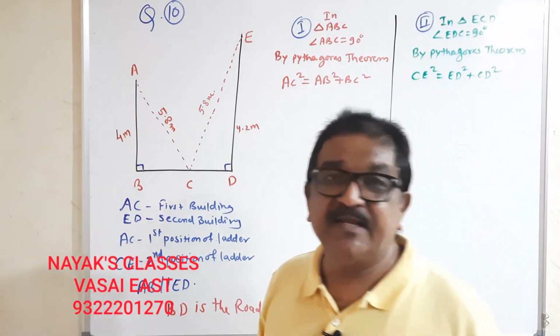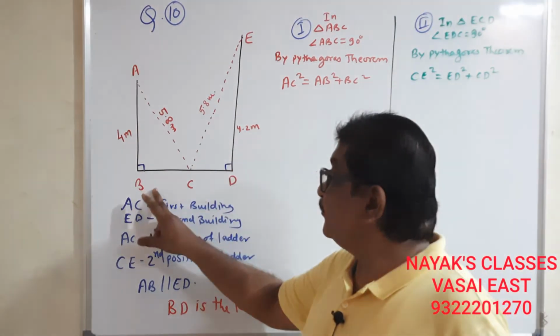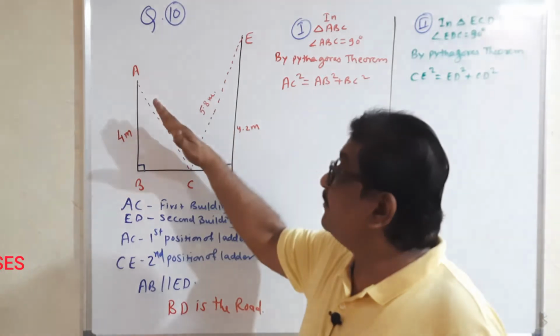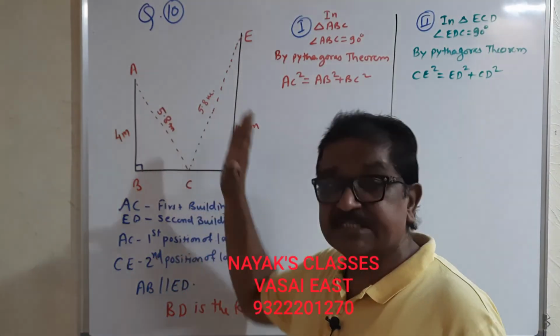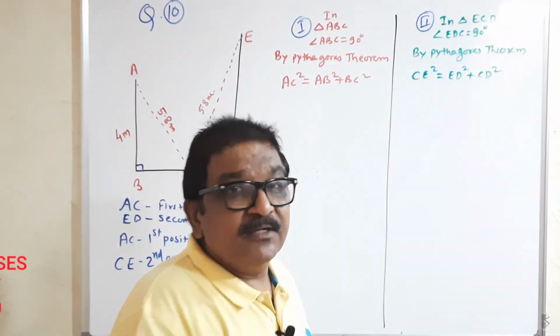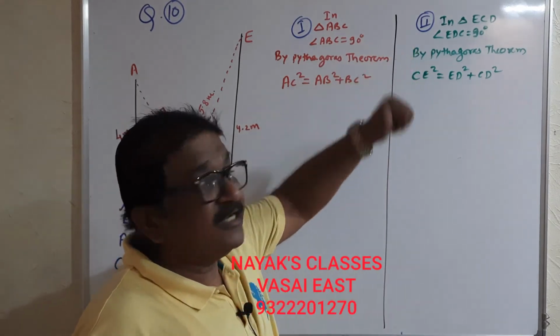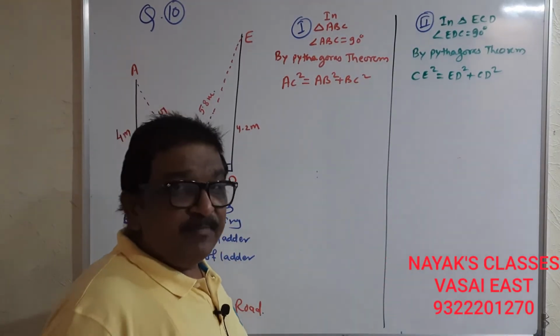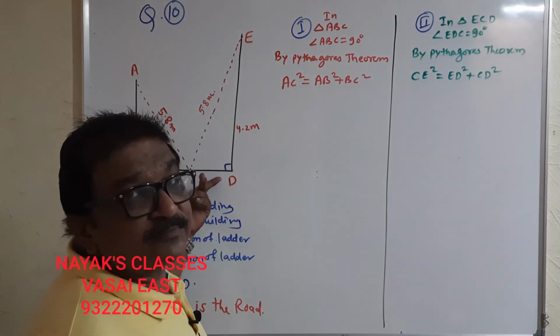Once again I am explaining in short. Two buildings parallel to each other. BD is the road. The same ladder is put on the first building and the same ladder is put on the second building. So there are two right angle triangles which are ABC and ECD.